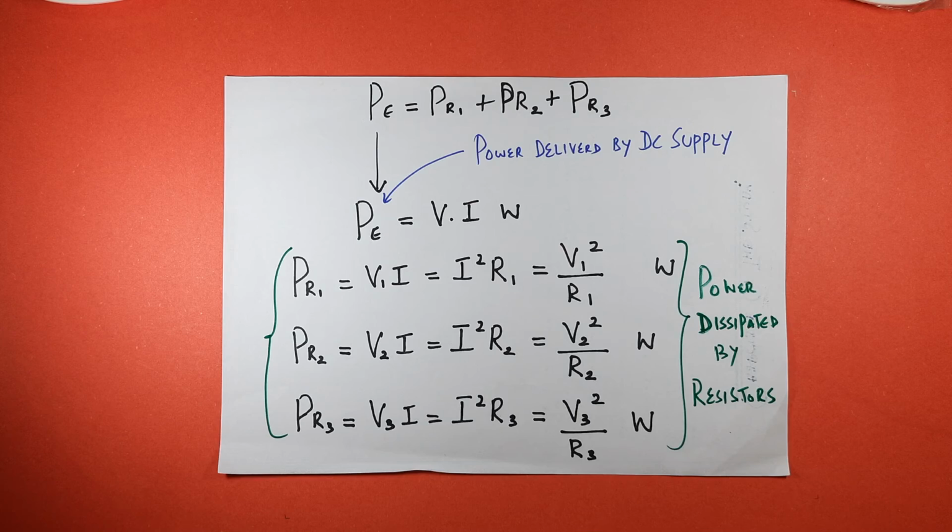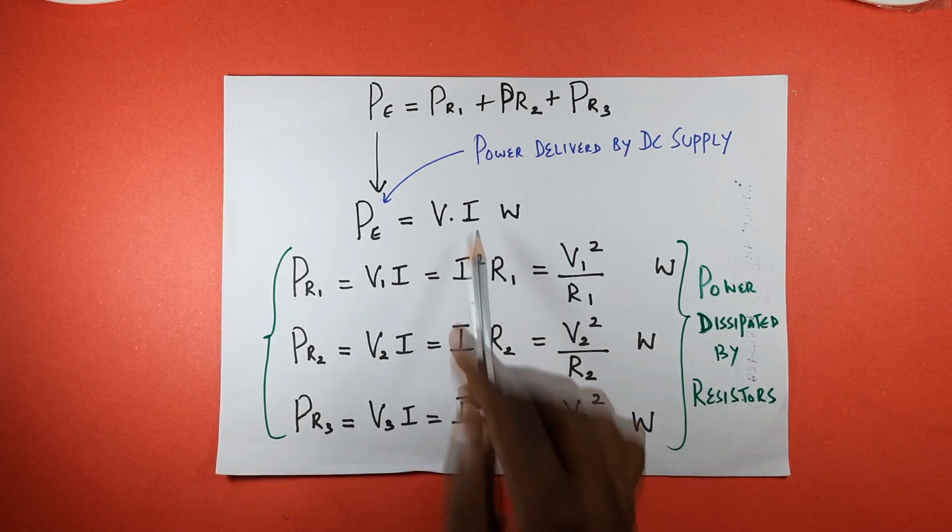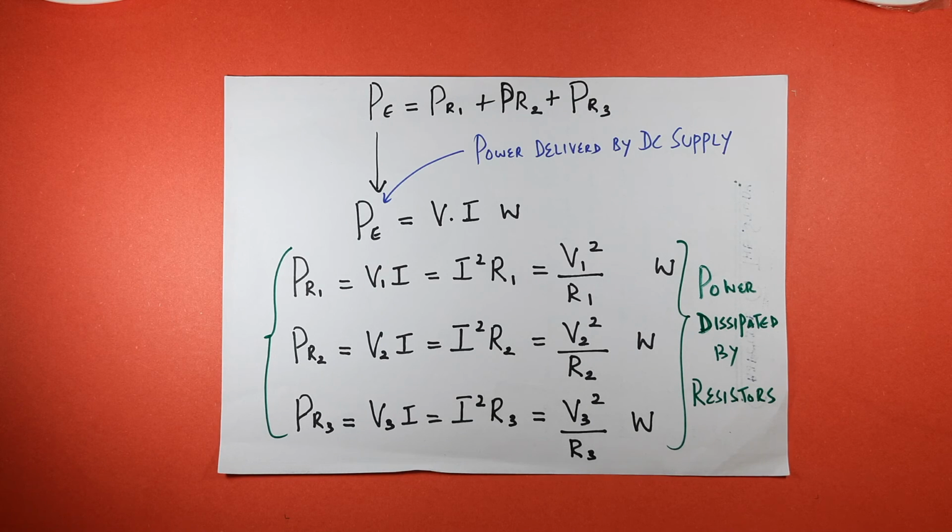PE is the power delivered by the DC supply, so you can write PE equal to V into I, where V is the DC supply voltage and I is the current from the DC supply.